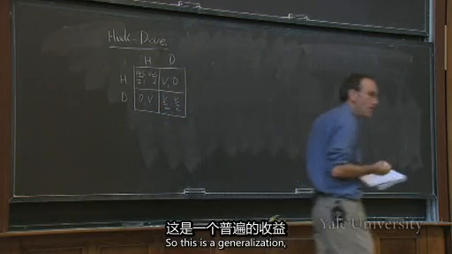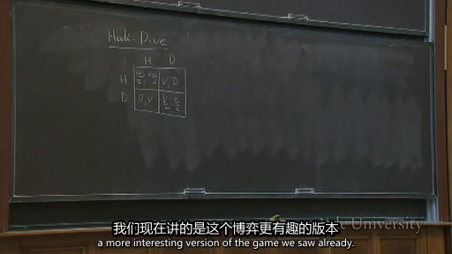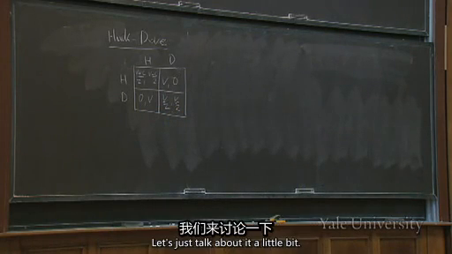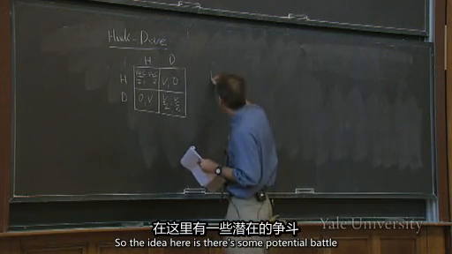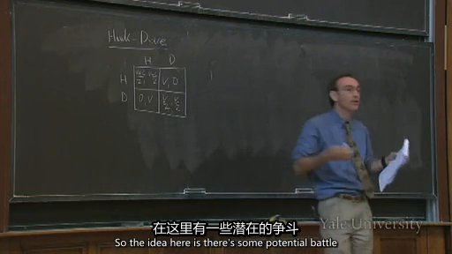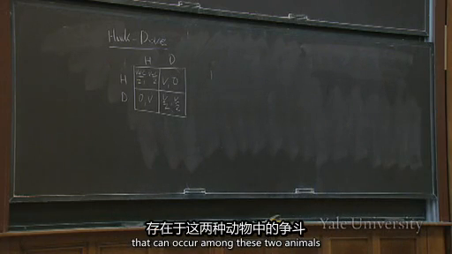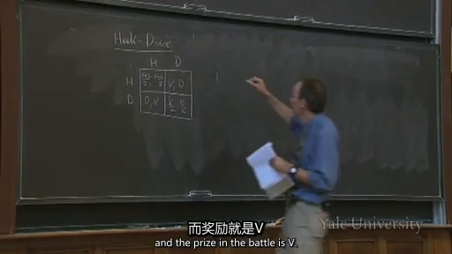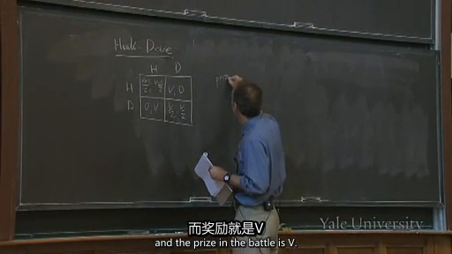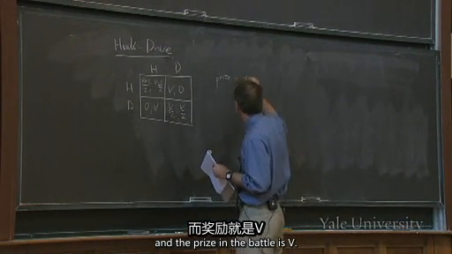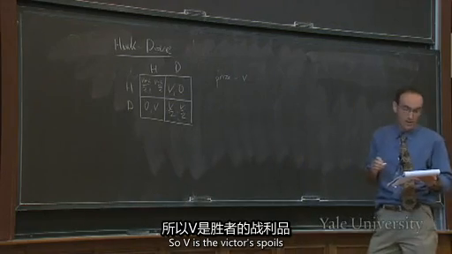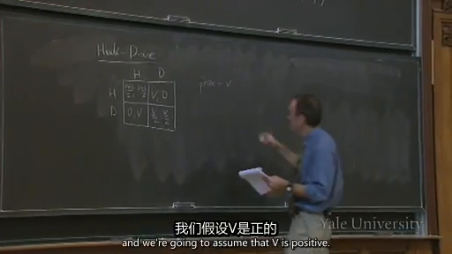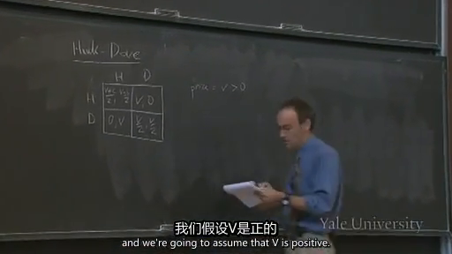All right, so this is a generalization, a more interesting version of the game we saw already. Let's just talk about it a little bit. So the idea here is there's some potential battle that can occur among these two animals, and the prize in the battle is V. V is the victor's spoils, and we're going to assume that V is positive.